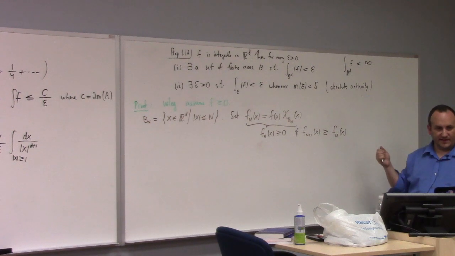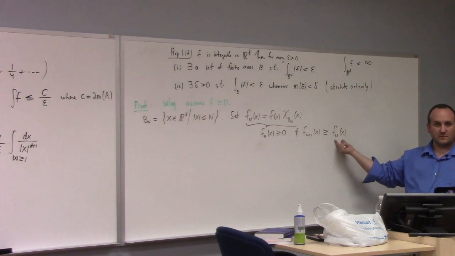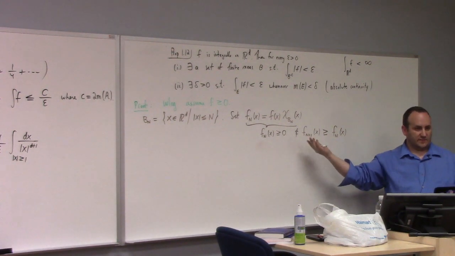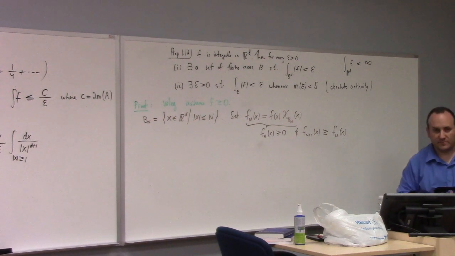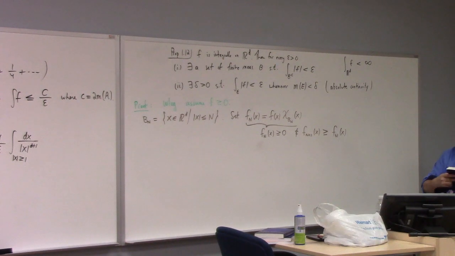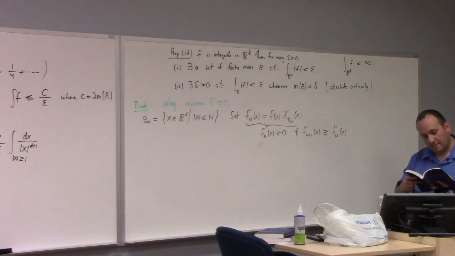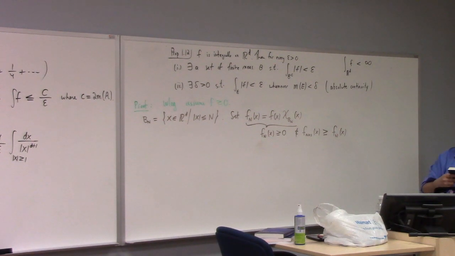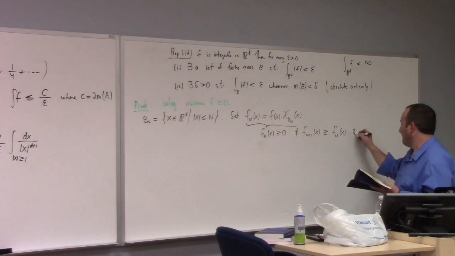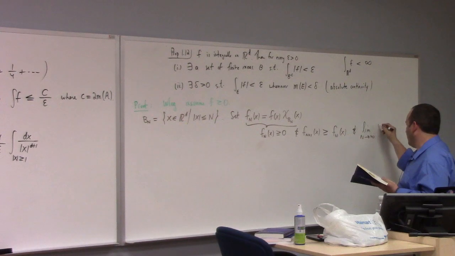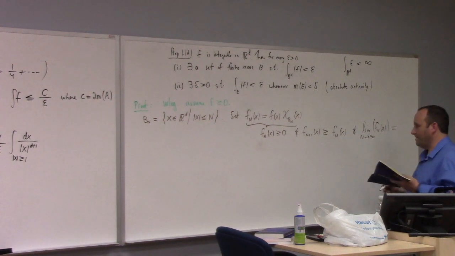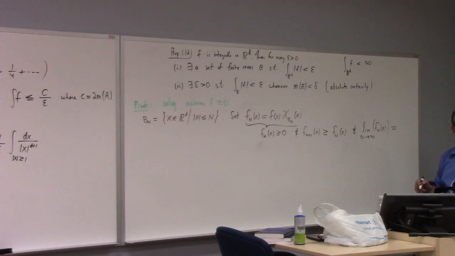Past radius n, this one's 0, and this one's just f of x, which is non-negative. All right, so then what else? What would the limit as n goes to infinity of fn of x give us? Just f of x, right?